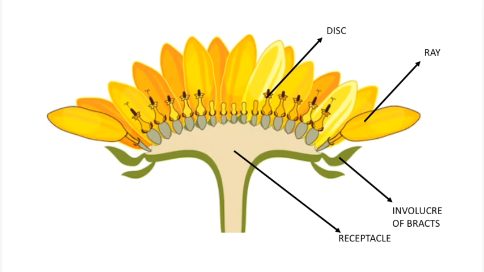The flattened peduncle is called the receptacle, the platform on which all the florets are borne, and around the entire structure there is a cup or a protective layer formed of bracts, which is called the involucre of bracts. The term involucre refers to a cup-shaped structure, formed of the green layer of bracts which cover the internal structure.